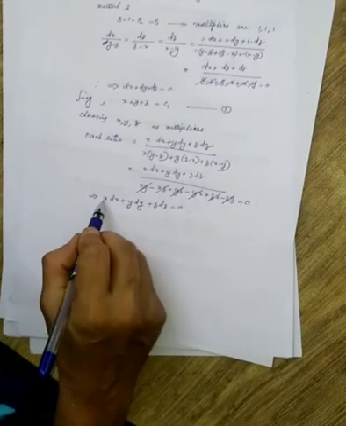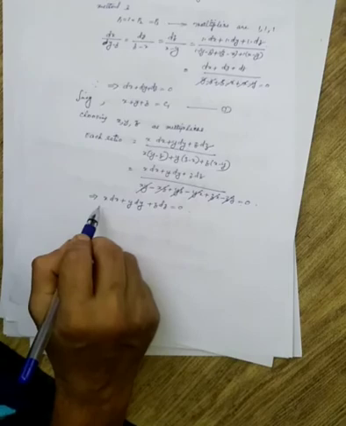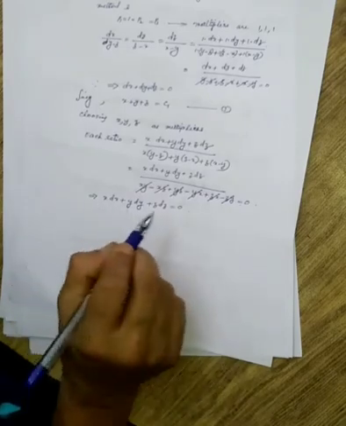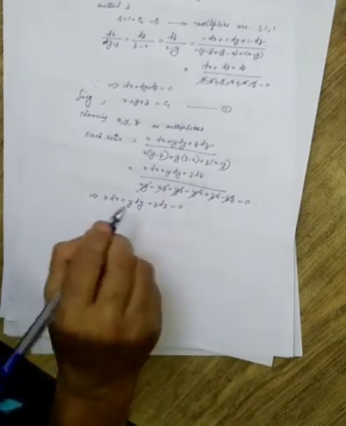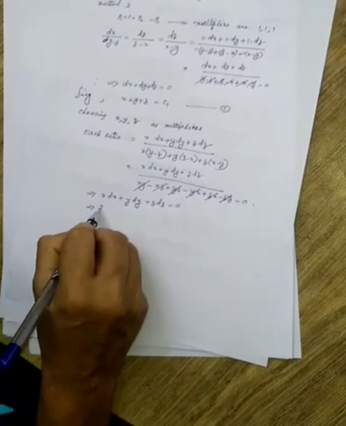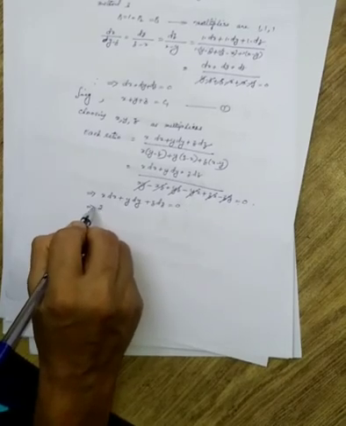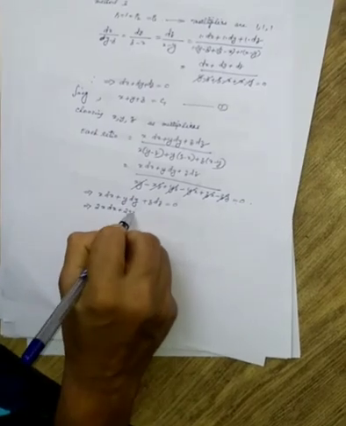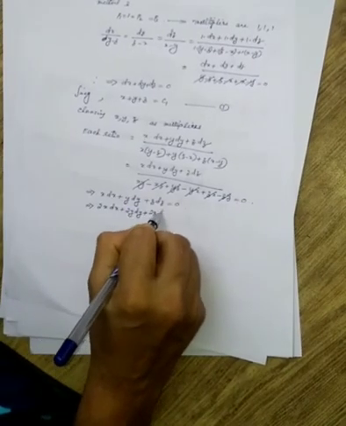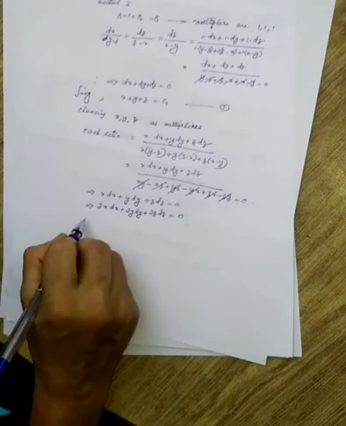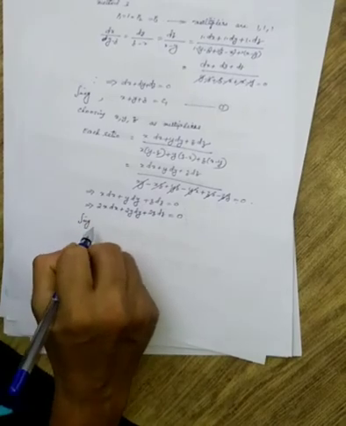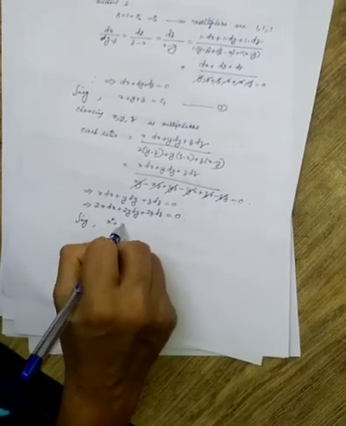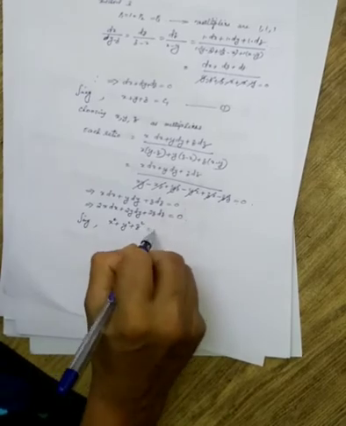If you are integrating, we get x square by 2, y square by 2. So to avoid the 2 in the denominator, we are multiplying through by 2. So before integration, multiply by 2. So 2x dx plus 2y dy plus 2z dz equal to 0. Then integrating, we get x square plus y square plus z square equal to constant.